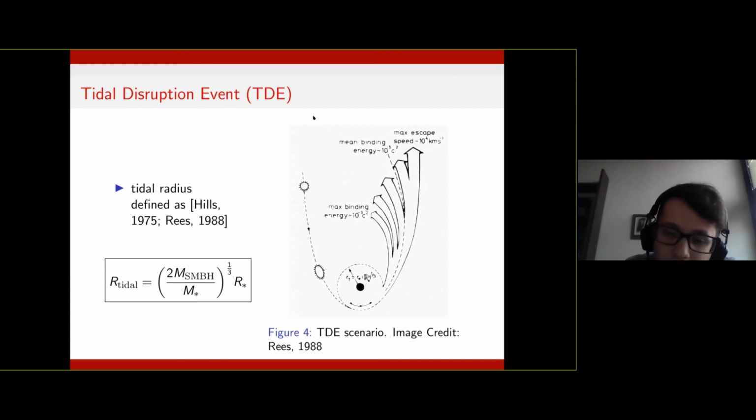It points out that usually about half of the mass of the passing star will be wrapped around the supermassive black hole and will eventually end up being part of the accretion disk, or will create the accretion disk itself, while the other half will fly away on a hyperbolic orbit to infinity with speeds up to 10 to the 4 kilometers per second.